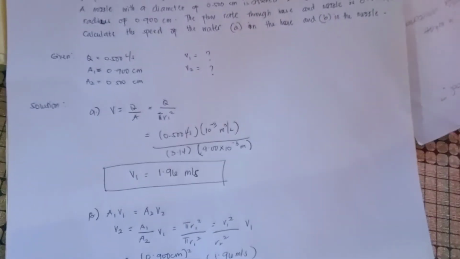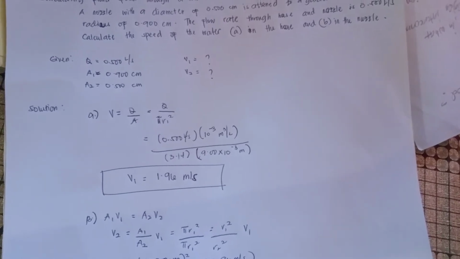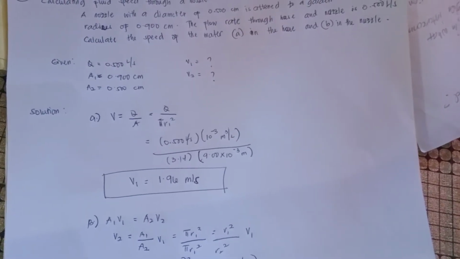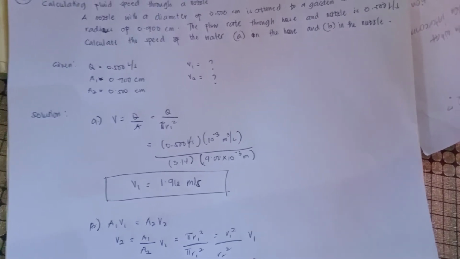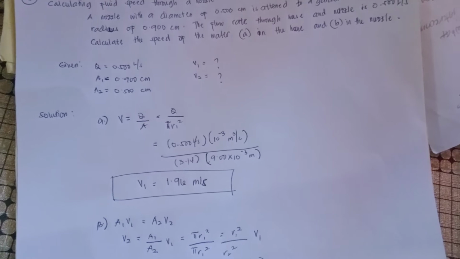So the formula is V equals Q over A, which is the area, equals Q over pi r squared 1.